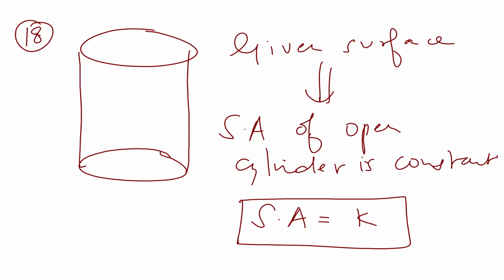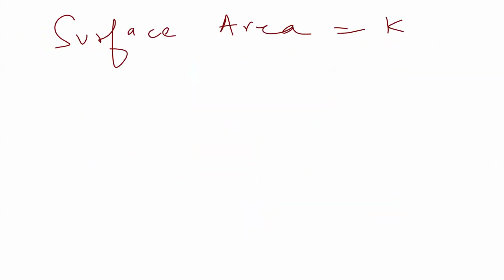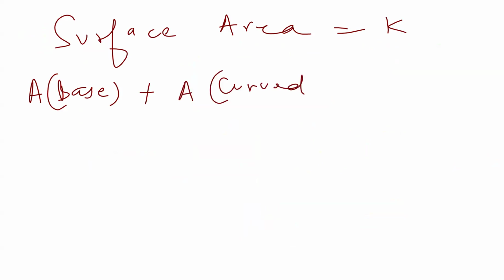Yes, sir. So surface area is equal to K. That means the area of the circular base plus the area of the curved surface of the cylinder is equal to K. Area of the base is pi r square.